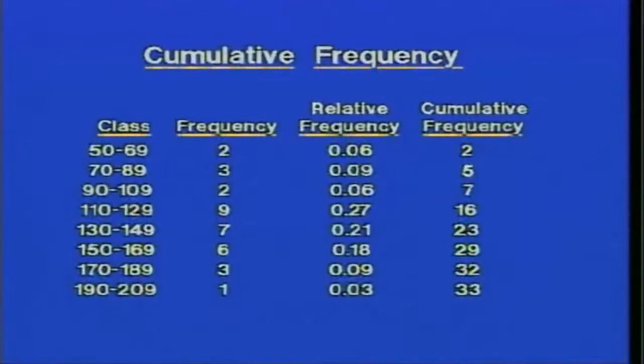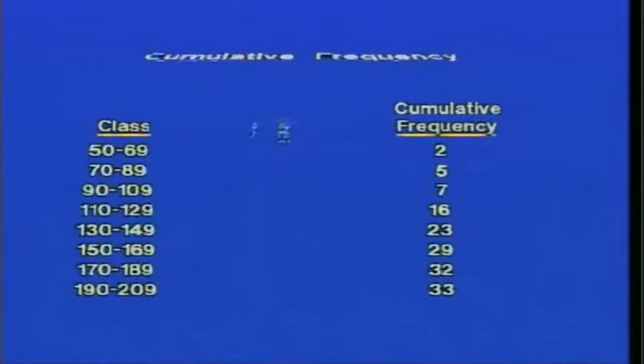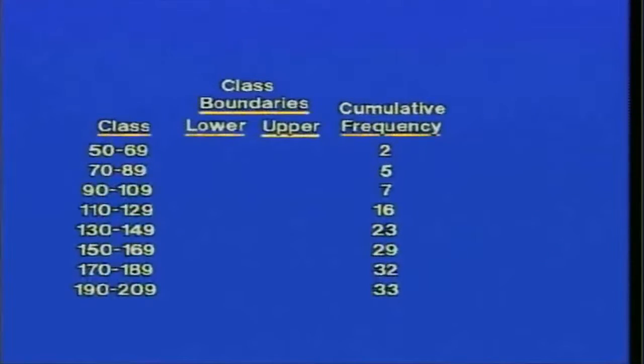And it is at this point that we can begin to talk about constructing the cumulative frequency graph, or an ogive. Now, to do that, though, we need to identify class boundaries, because the class boundaries are going to be useful in constructing the graph. You may remember that the class boundaries, the lower and upper boundaries, are just a difference of 0.5 from the various classes.